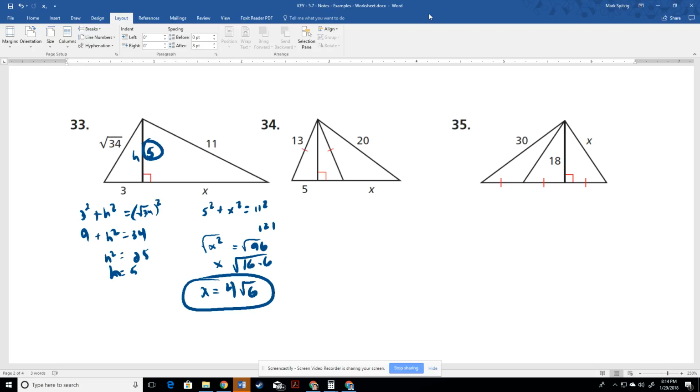All right, so in this case, we know that because these are the same, this is going to be 5 as well. So this is actually a 5, 12, 13. And now we're looking at this triangle here as another right triangle. So now we have two sides of it. Actually, this is another triple. So this is going to be 12, and that 12 is another 3, 4, 5 situation, right? So we can say that's a triple, and that would be 3 times 4, 4 times 4.